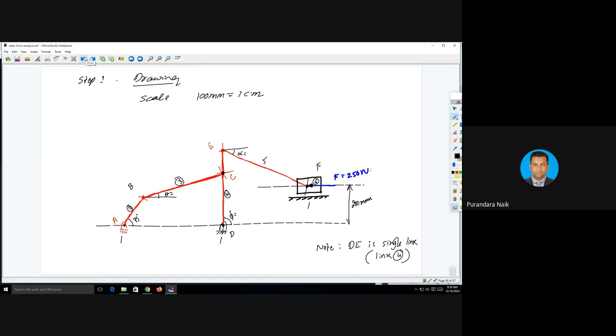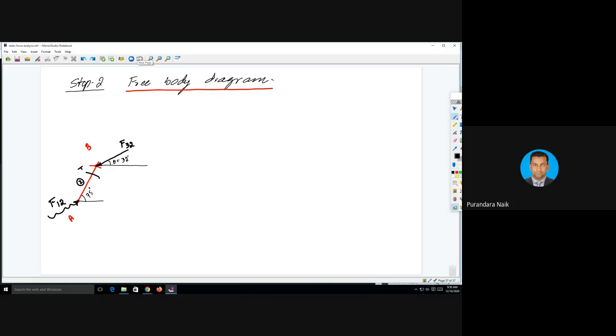Next, you come to the link number 3. Free body diagram of link number 3. At an angle of 32. As per Saiban's answer, theta is equal to 32. Link number 3. What is the length of link 3?